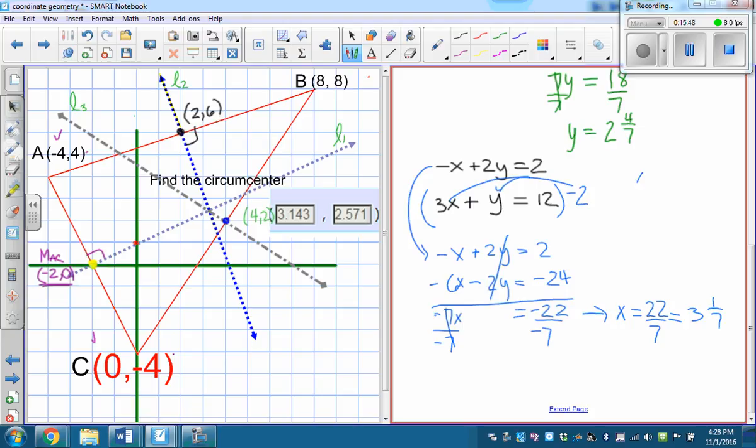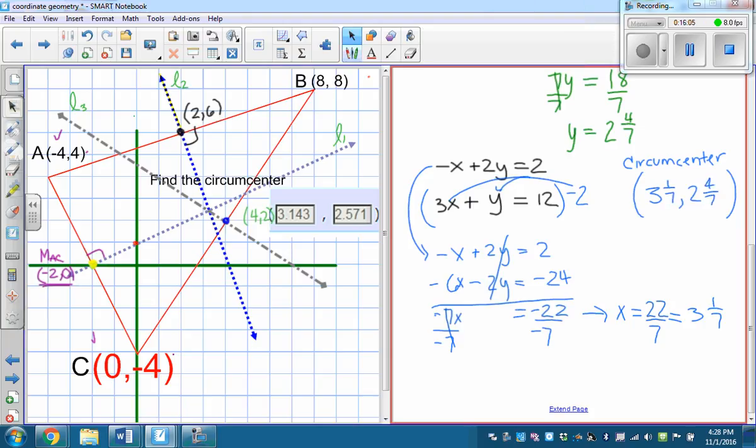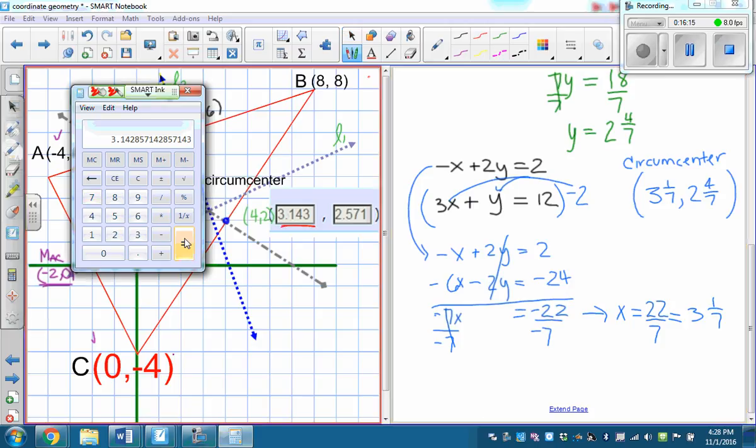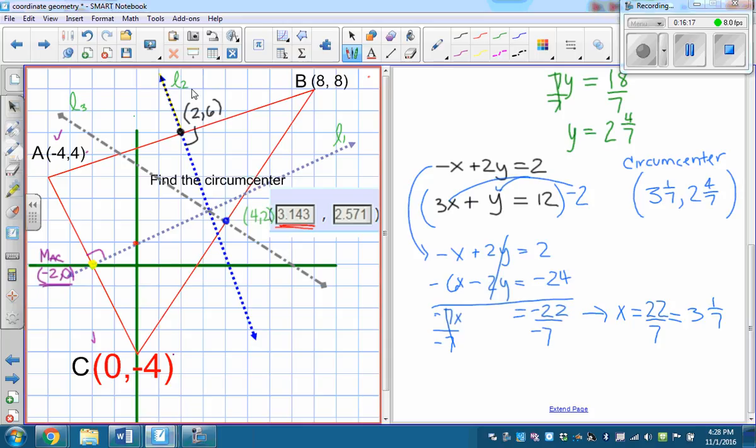And therefore my circumcenter is 3 1/7, 2 4/7. And we can just pick that calculator up and check that 22 over 7 does match this. So that's a big giant problem, and keep practicing.